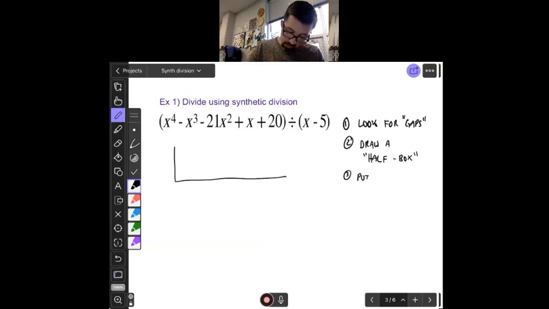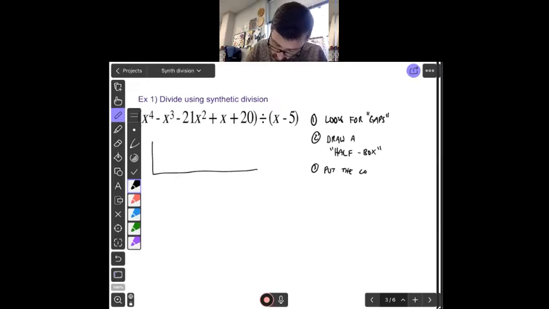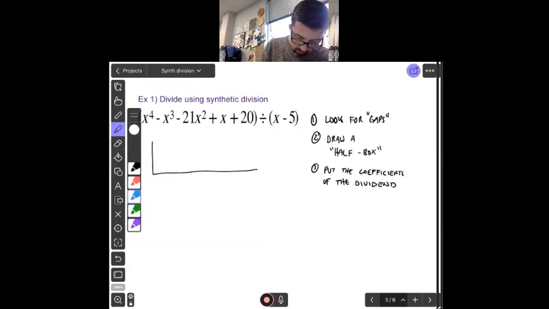Step 3, you're going to put the coefficients of the dividend, which is the thing that we are dividing.